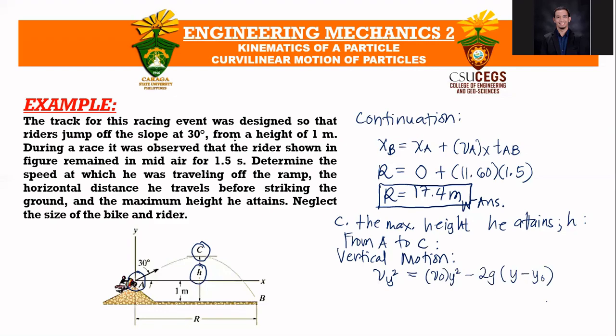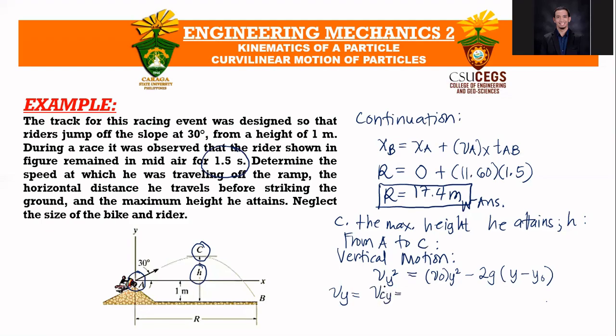The time given here in the problem, which is the 1.5, is the time from point A to point B. So the only equation we can use to determine the maximum height the rider attains is the third equation. So the Vy, which is the velocity at point C, that is the VCY.